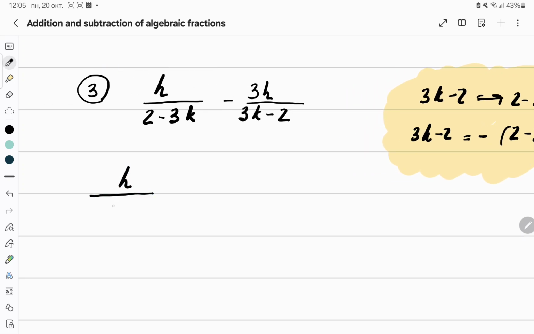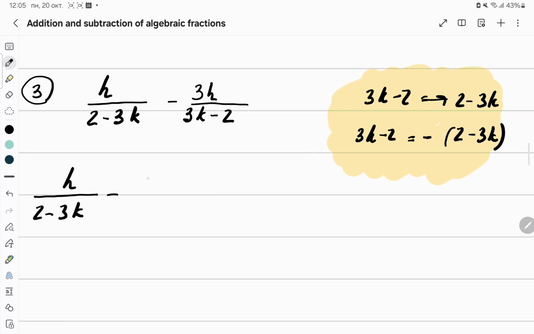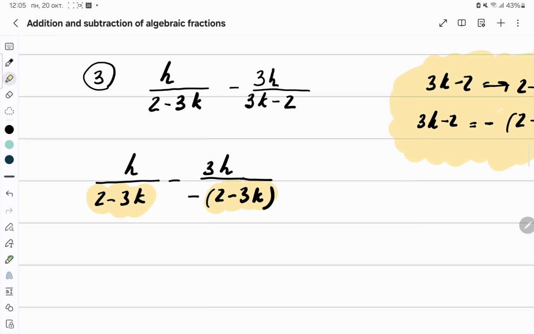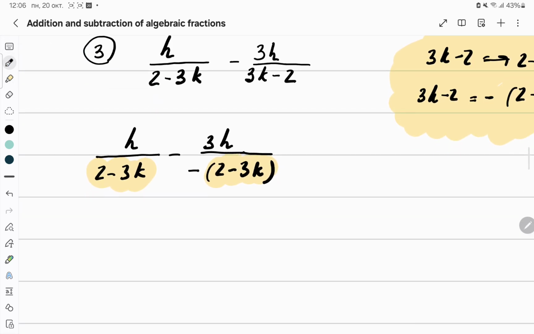Okay, now it's ready. Now we can write this way, minus 2 minus 3k. Now you see that the denominators are almost the same. So what's the difference? The difference is that the negative sign, this minus, could be shifted. So in this case, we don't need to find the common denominator. You have to just shift the minus here. So we can write this way, minus 3h over 2 minus 3k.